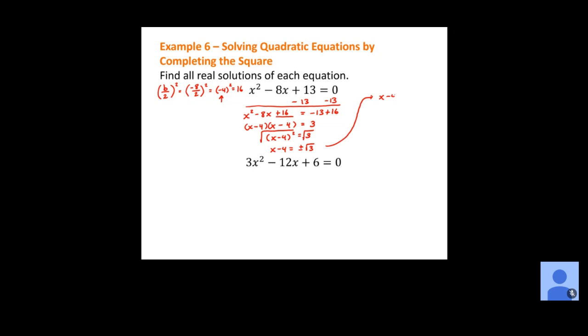So once we have x minus 4 equals plus or minus square root of 3, our last step is to isolate the x. So I need to move the 4 over. That means I need to add 4 to both sides, which gives us x equals 4 plus or minus the square root of 3. And so our solutions here would be 4 plus square root of 3 and 4 minus square root of 3 if you were typing those into WebAssign.